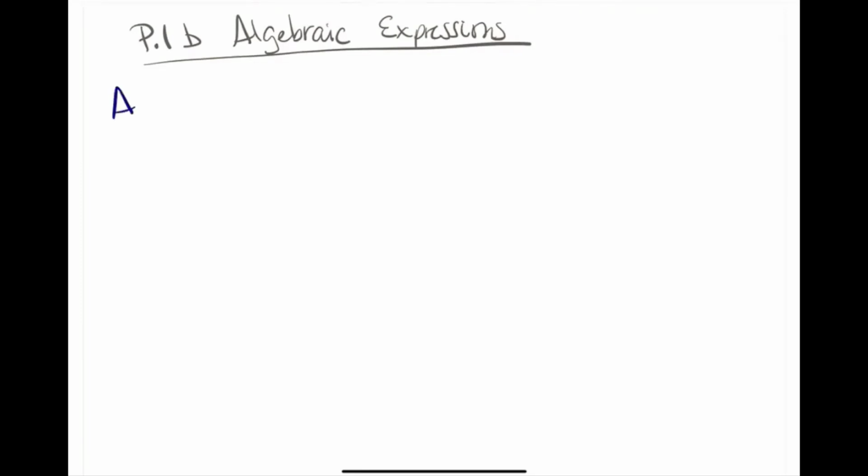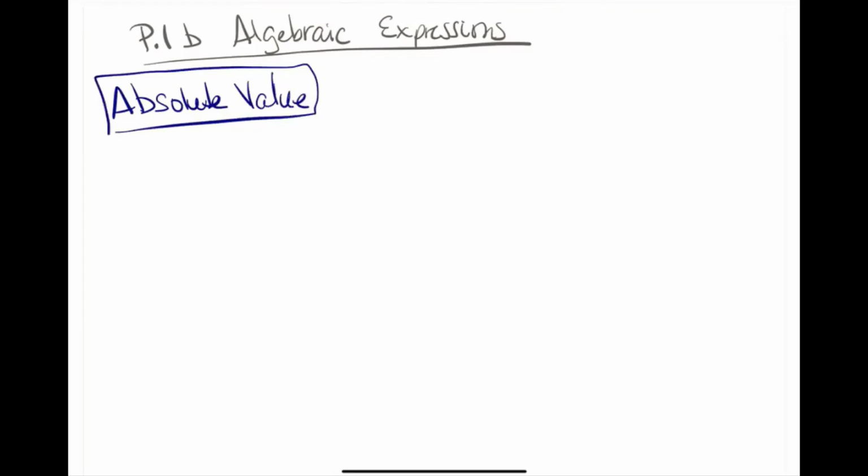So do you guys remember anything about absolute value? Sometimes we write it with the little line with the x inside. Anybody know what the definition for absolute value is?